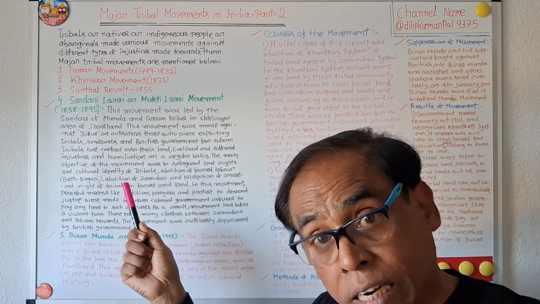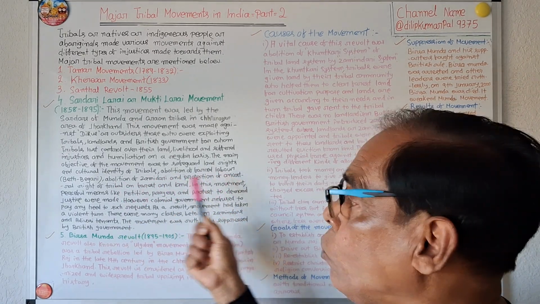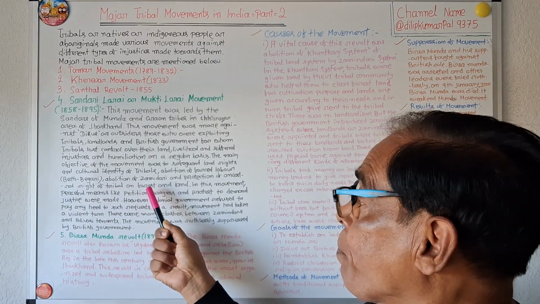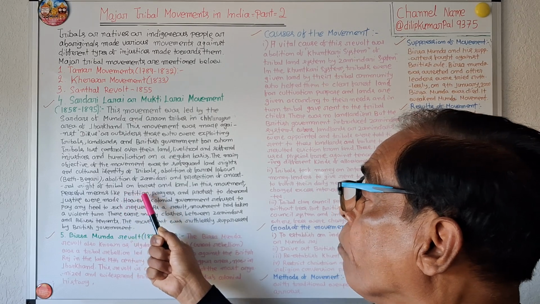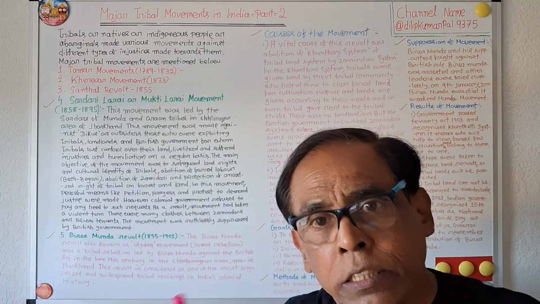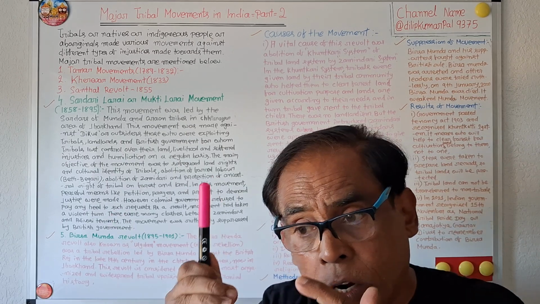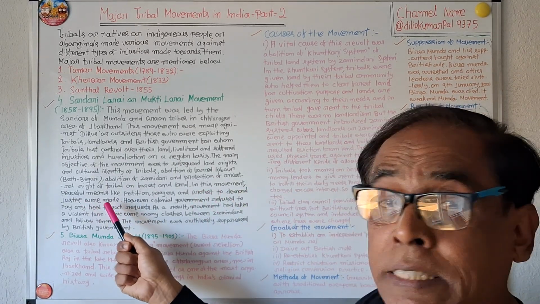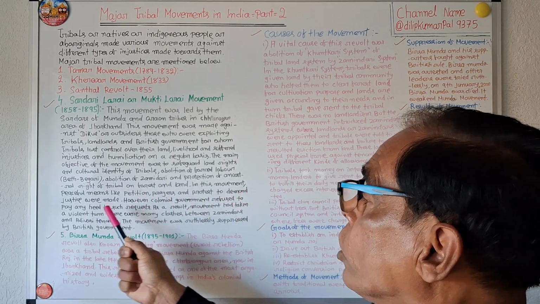Protection of ancestral right means hereditary right of tribals on land and forest. In this movement, peaceful means like petition, prayers, and protest to demand justice were used.